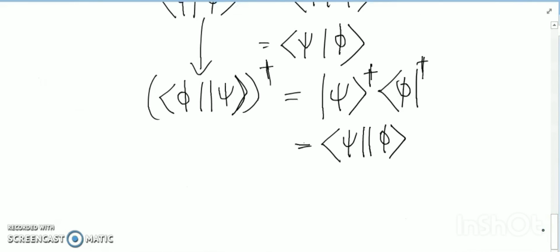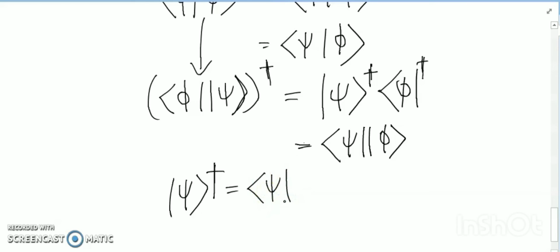Since phi and psi are both completely arbitrary, this points to the fact that the Hermitian adjoint of ket psi is equal to bra psi.